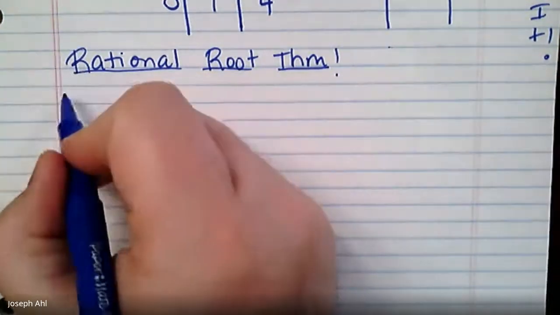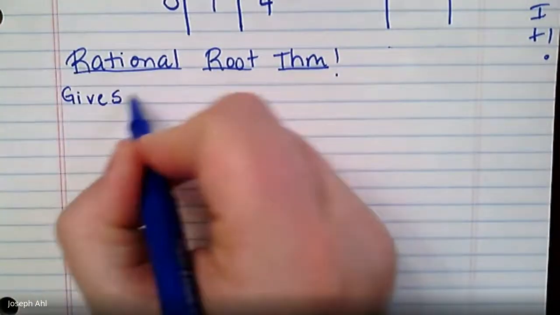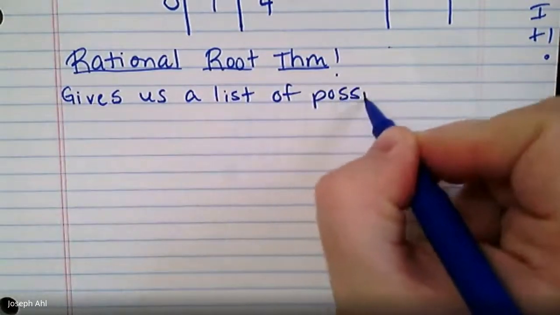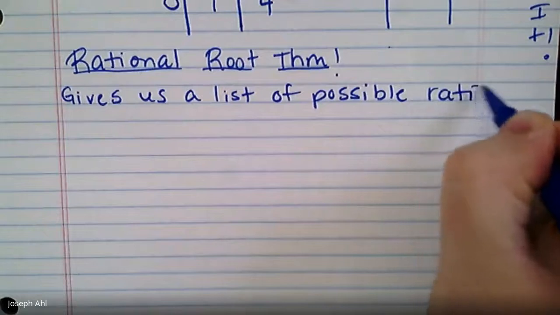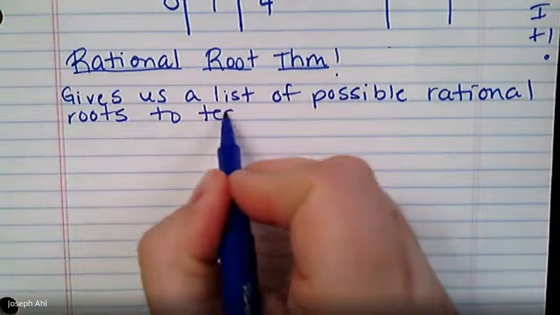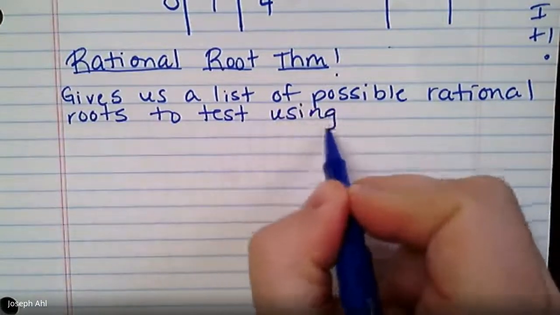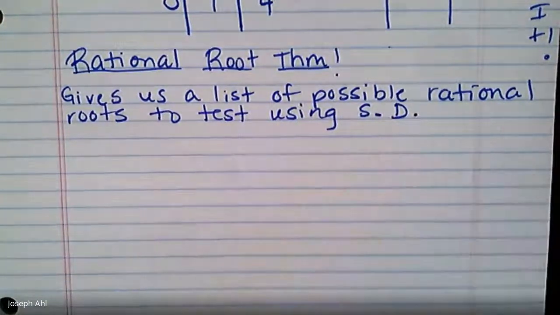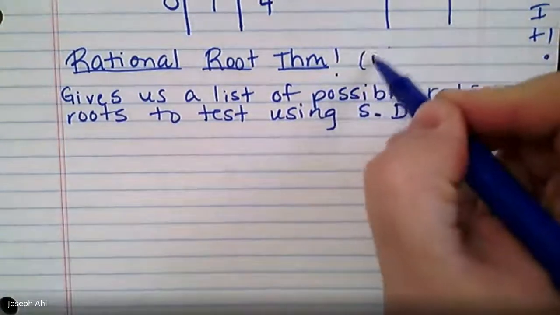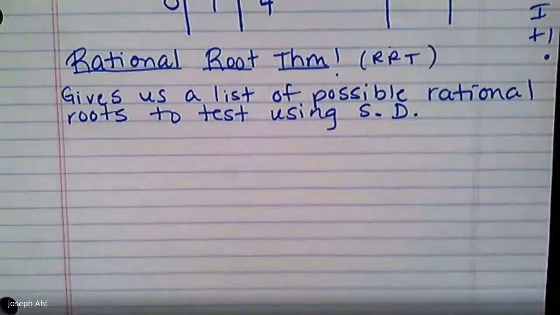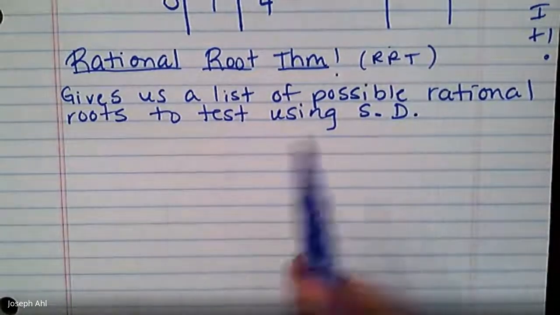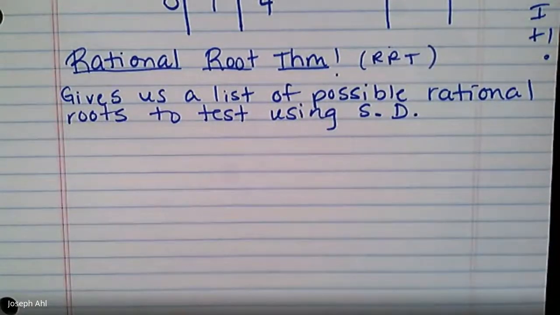What it does is it gives us a list of possible rational roots to test using synthetic division, which I'm going to abbreviate as SD. I abbreviate all these things, by the way. You'll eventually see rational root theorem as RRT, and Descartes' rule of signs is DRS. So as we go through this practice, you'll see a lot of abbreviations from me.